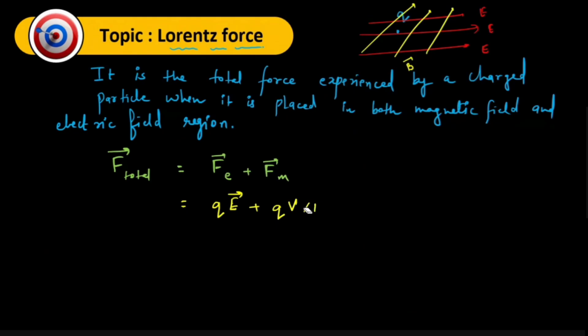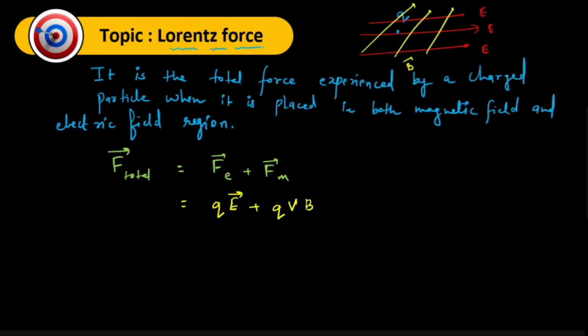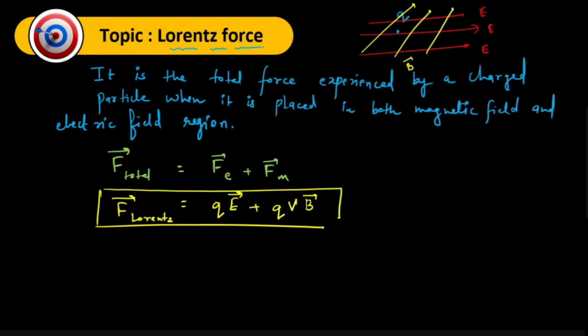This relation has proper derivations, but we don't have to discuss them. All we need to discuss is the total force experienced by the charged particle. That F is going to be Q times electric field plus Q times V cross magnetic field.